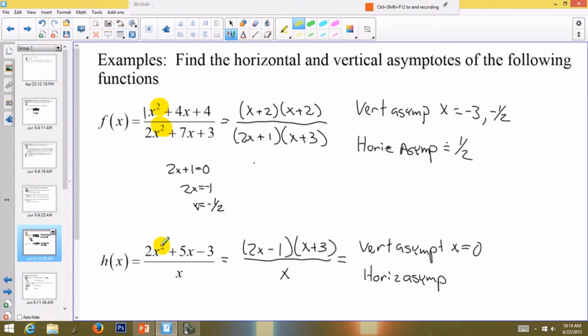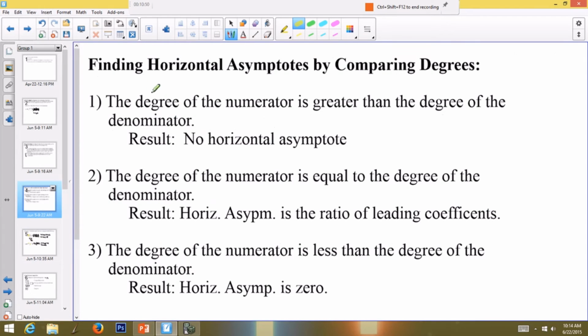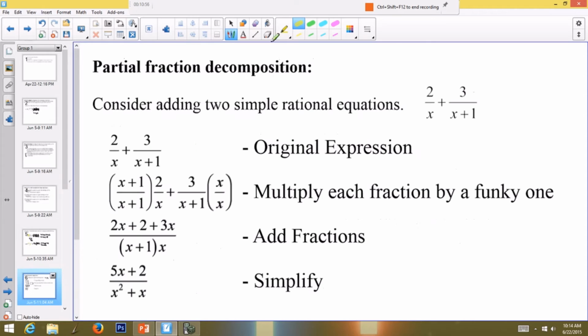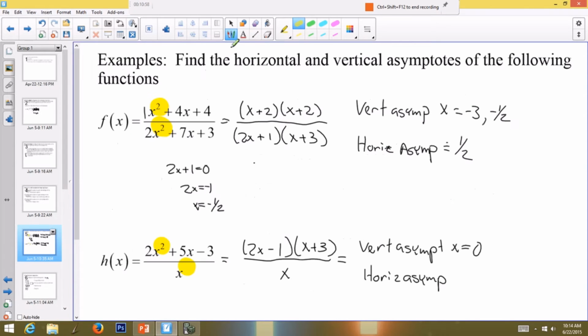And so this degree is 2, this degree is 1. So since the degree of the numerator is greater than the degree of the denominator, there is no horizontal asymptote. So I can just go right back to here and say none.